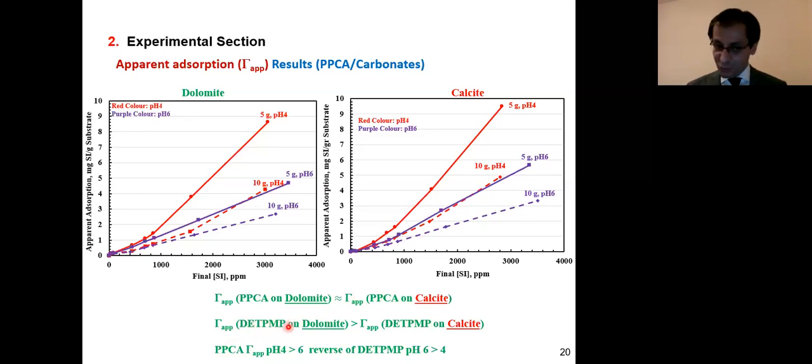Apparent adsorption for DETPMP as a phosphonate scale inhibitor is higher on dolomite compared to calcite. And for PPCA, the apparent adsorption at pH 4 is higher than at pH 6, which is the reverse of DETPMP. For DETPMP, the apparent adsorption was higher at pH 6 compared to pH 4. Now we have to understand why these scale inhibitors behave differently.